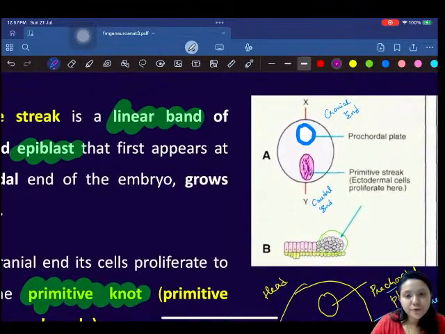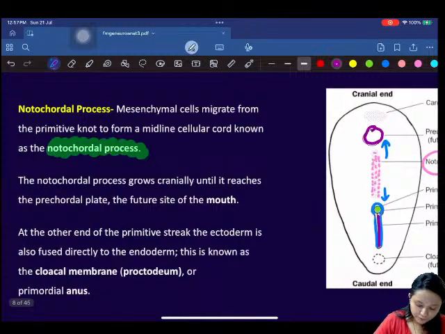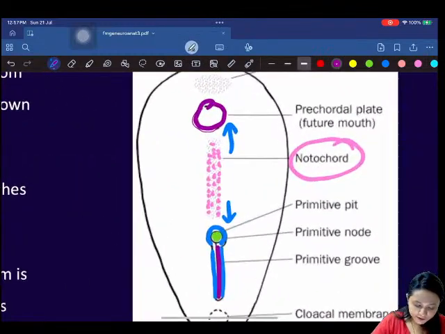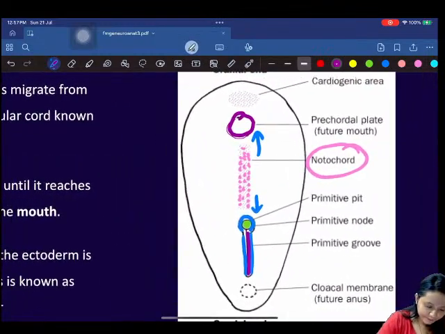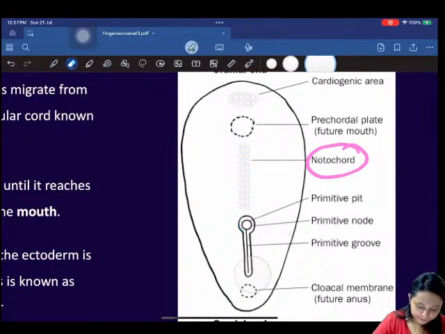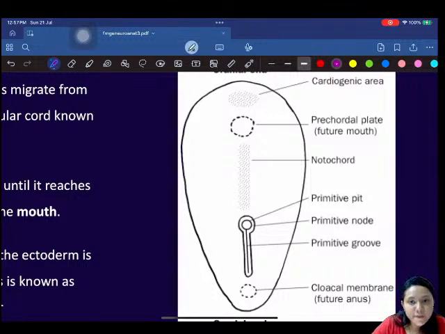Now we want to know how the notochord is formed. It's very easy if you understand. There is a precaudal plate which is going to form the future mouth, and then you will have a cloacal membrane or the anus.